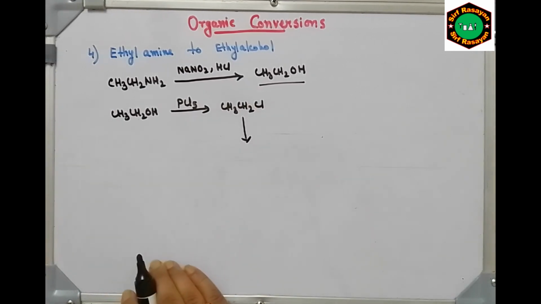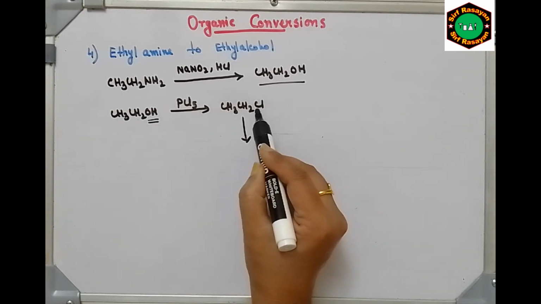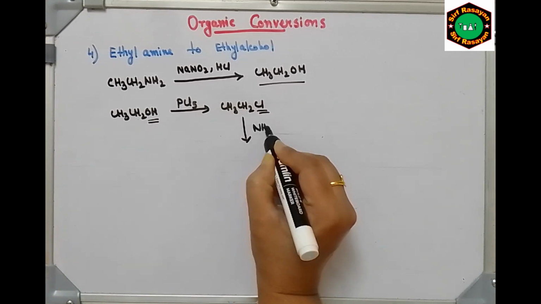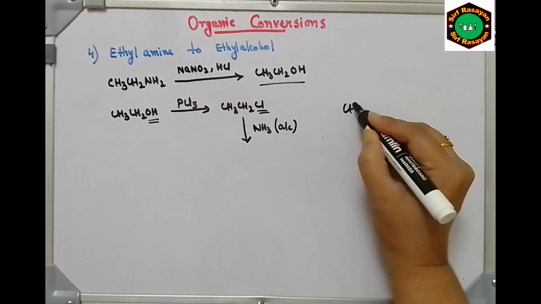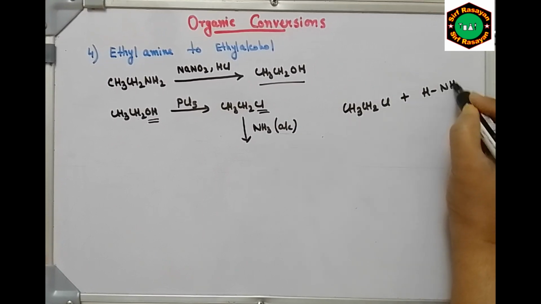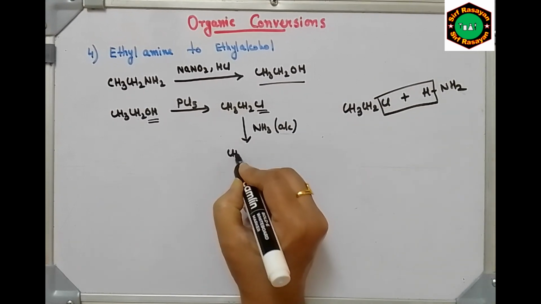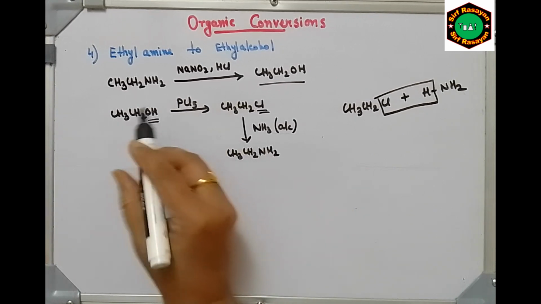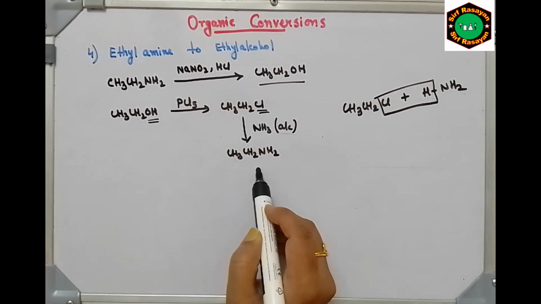Chlorination will take place, so OH will be substituted by Cl. Now if you treat this with alcoholic ammonia, CH3CH2Cl plus ammonia, removal of HCl will take place. You will get CH3CH2NH2, that is ethylamine. So this is ethylamine to ethyl alcohol, and this is ethyl alcohol to ethylamine.